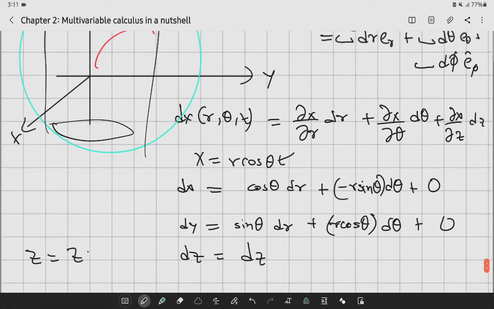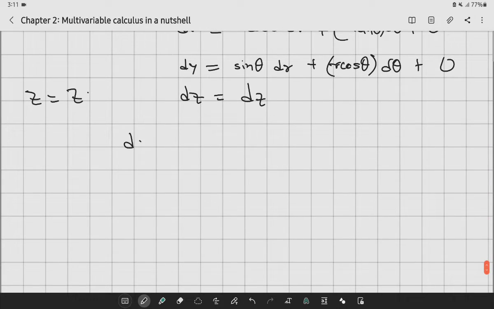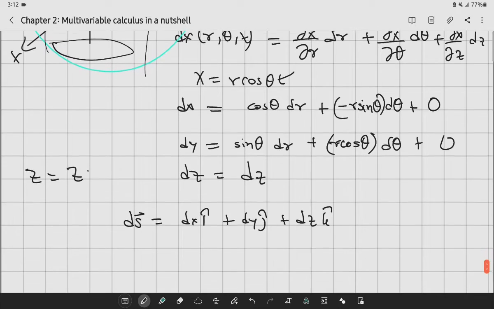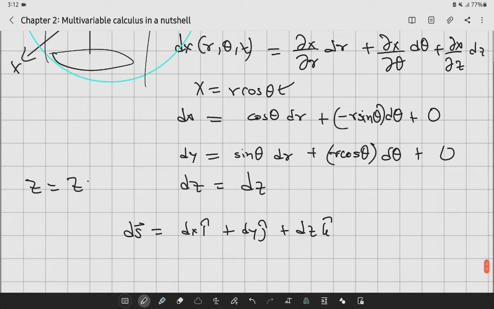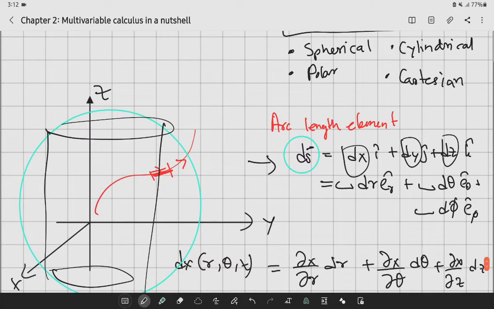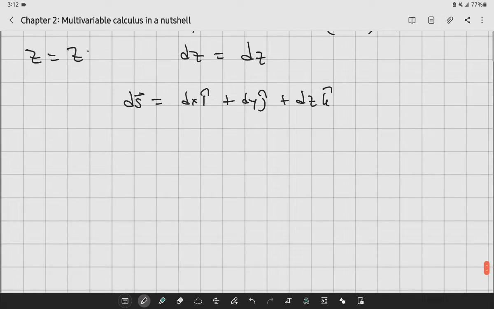Now let's substitute this back. ds equals dx i hat plus dy j hat plus dz k hat. Now if I want to substitute this back inside this equation right here, and I use the basis, like, you know, er is cosine theta, sine theta, 0 in the cylindrical coordinate.